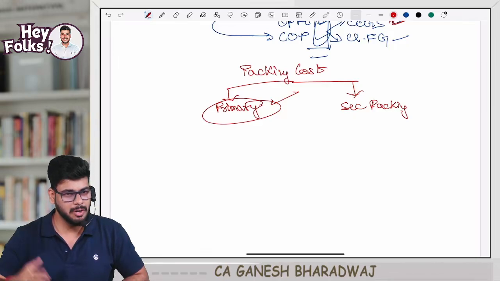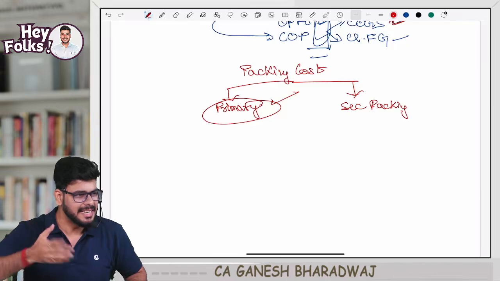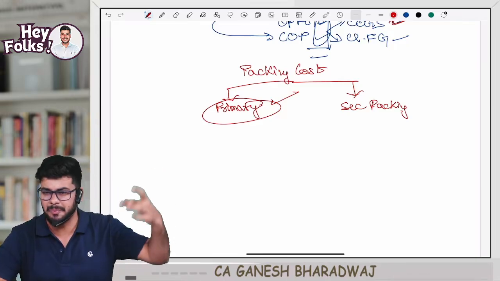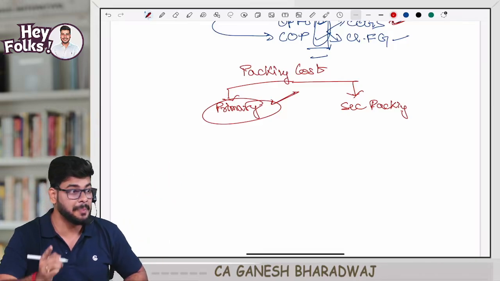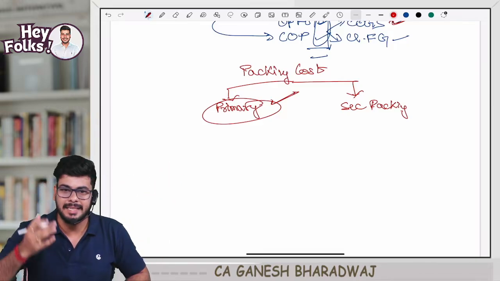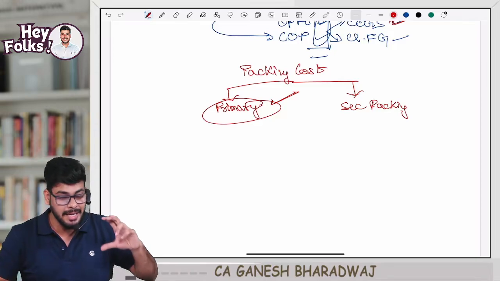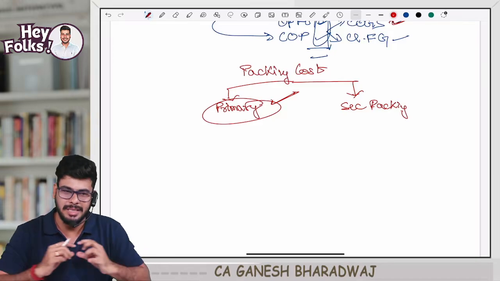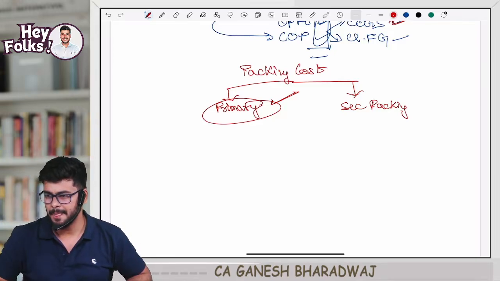Or can you go to the factory and... Yes, it needs to be bottled. Now, that bottle, the PET bottle or the plastic bottle, the cost incurred for that is a primary packing cost. It comes under your production area only, ideally a part of your production overheads, but they want you to mention it on the face of the cost sheet. Are you all clear with this?